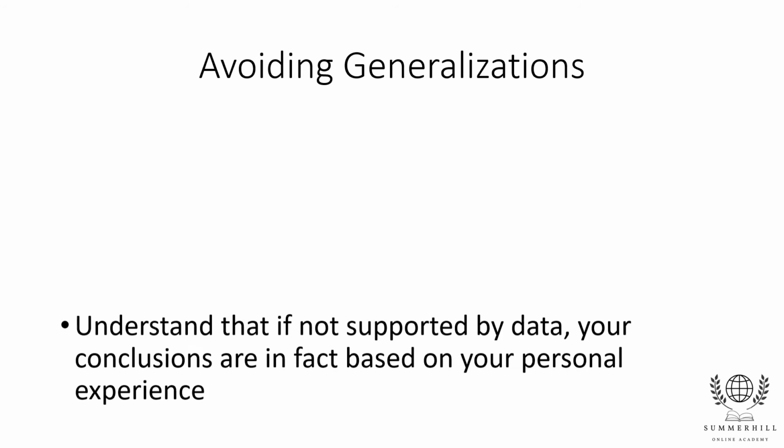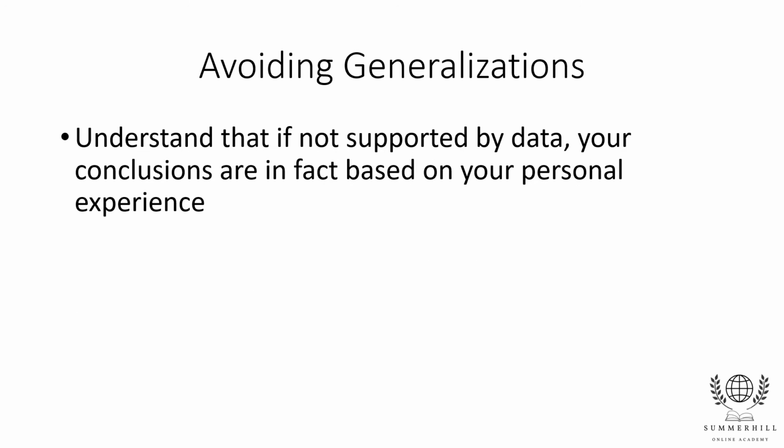What this really means when we're thinking about avoiding overgeneralizations is, first of all, we need to be aware that when we're writing this, we're not going to be including any statistics or citations or any data to support ideas. So what we're essentially doing is supporting our position through our experience and our general knowledge of what we know about the world and about these issues.